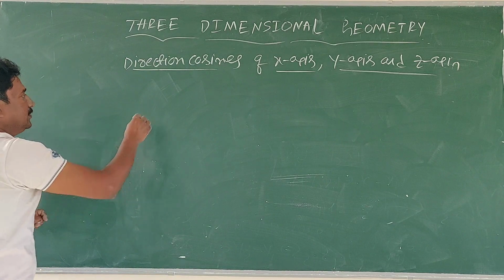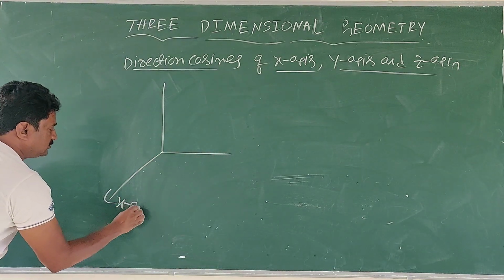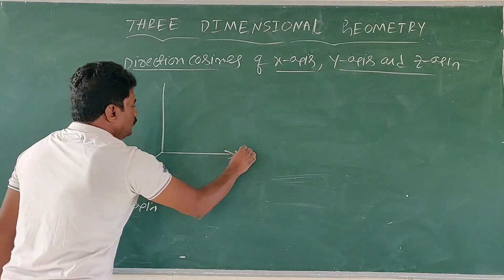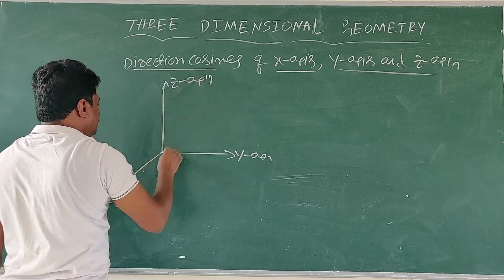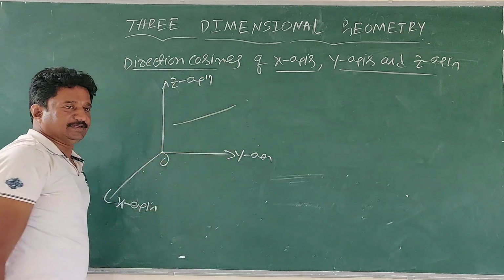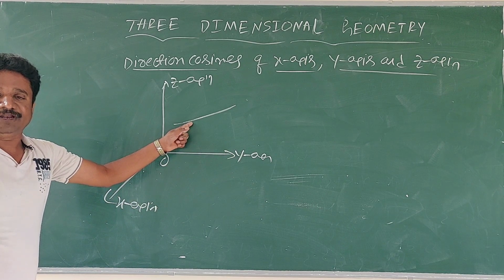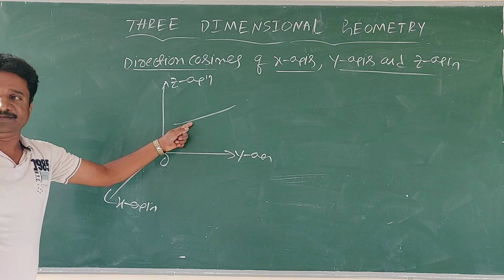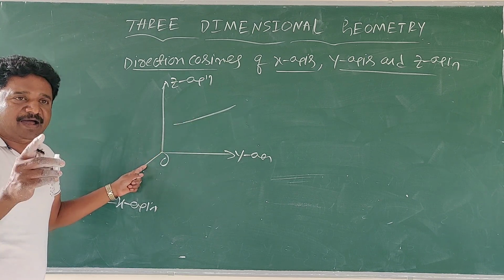Look at this, students. It is so easy. X-axis, y-axis, z-axis, origin. If I take a line, carefully observe: the angle between the line and x-axis is alpha.